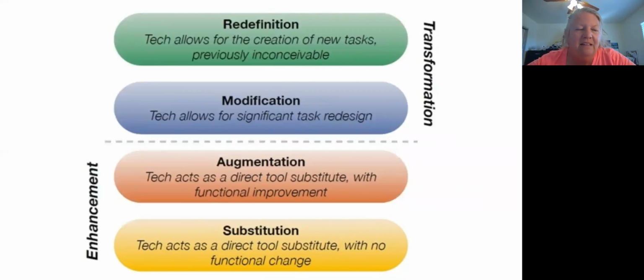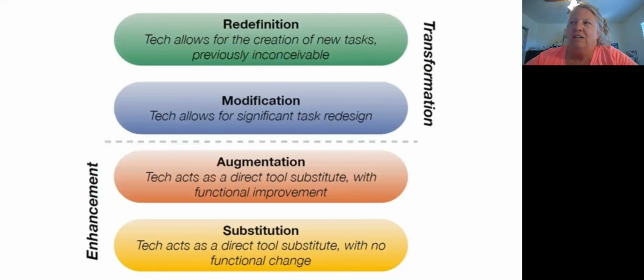The next level or step up from that would be augmentation, where the technology acts as a direct tool substitute with some functional improvements, such as maybe using their voice or listening to a story instead of just reading it on the screen. That would be augmentation. Then modification.